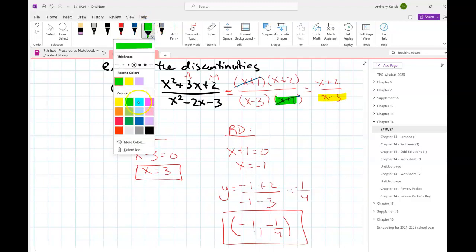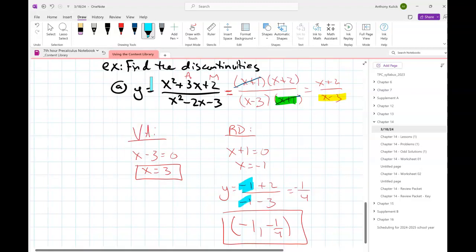To find the y coordinate for the removable discontinuity, I just plugged my x into the reduced fraction. And because the x plus 1 factors are gone, I don't get a 0 in the denominator anymore. I just get a number. So that point there is the location of my removable discontinuity.